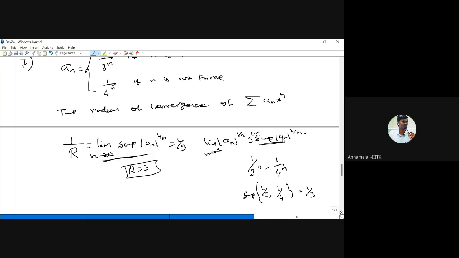You should know the Taylor series expansions of sin x, cos x, e power x, log x, tan inverse of x. All the formulas you should know, because they will ask problems like the radius of convergence of tan inverse of x by 2, and all such things.